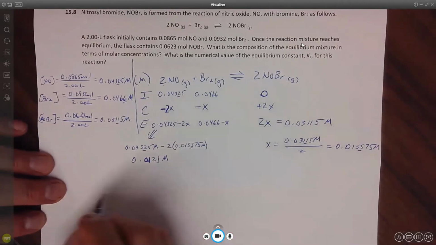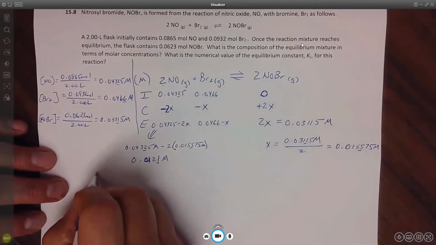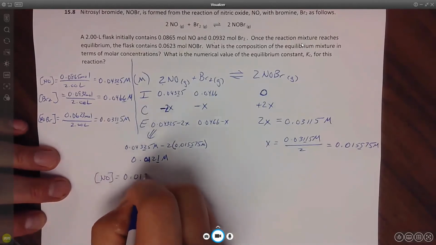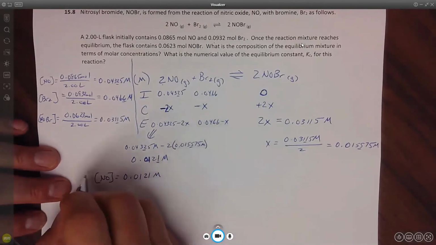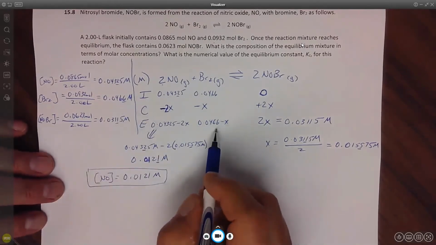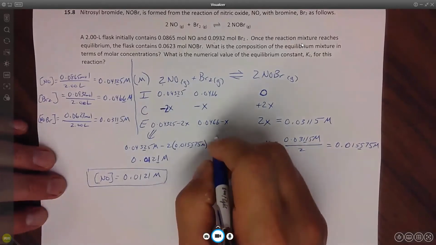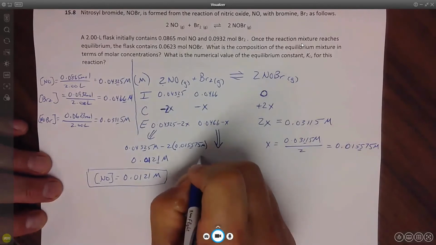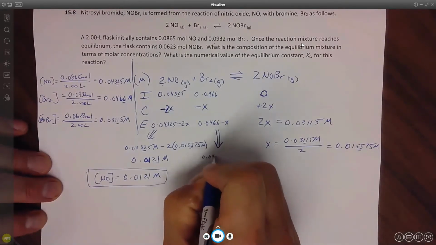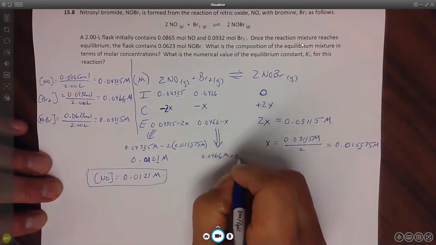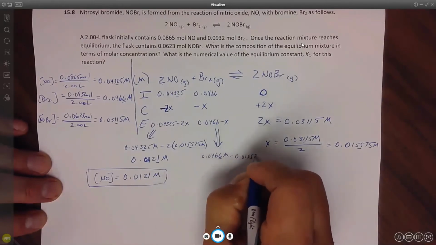So that means the equilibrium concentration of NO was 0.0121 molar. We'll do a similar thing for the bromine. So this is going to be 0.0466 molar minus the 0.015575 molar.